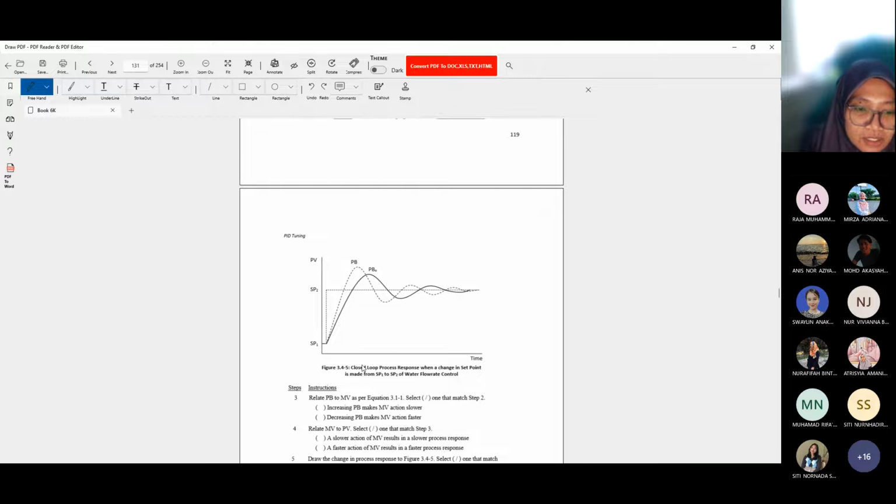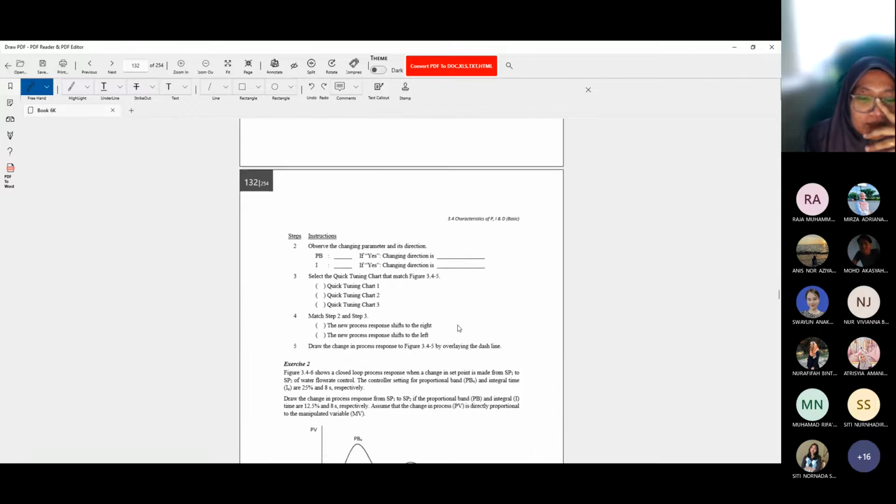So based on the relation that we see from the equation method and the other method, which is the tuning chart, we can say that when we increase PB, it will shift the response to the right. So bila you nak buat tuning, you akan ingat, oh bila you increase PB, dia akan ke kanan. If you aim for your process response to be faster, you cannot increase the PB. That means you have to decrease the PB. Boleh faham?